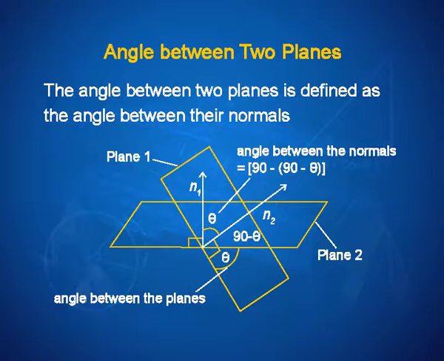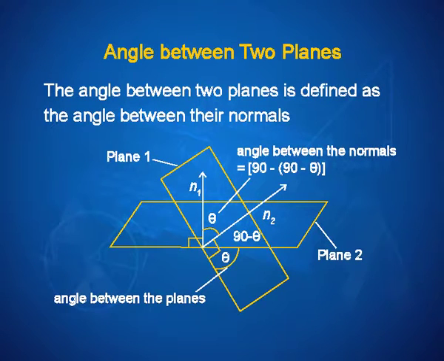In this picture, as you can see, the normals n1 and n2. As you compare the angle which n1 makes with n2, you will realize that it is nothing but 90 minus (90 minus theta), which of course is theta.